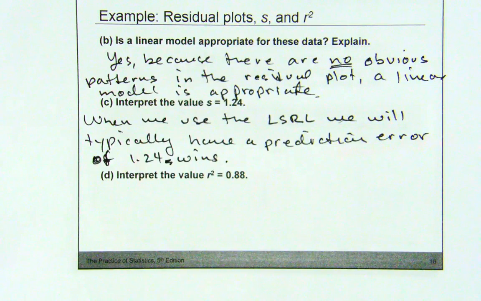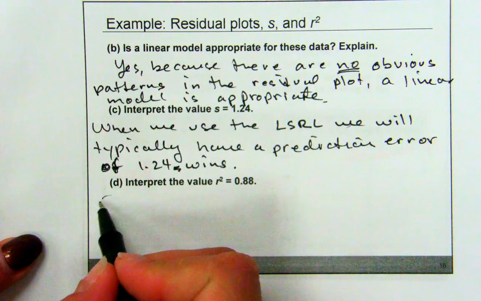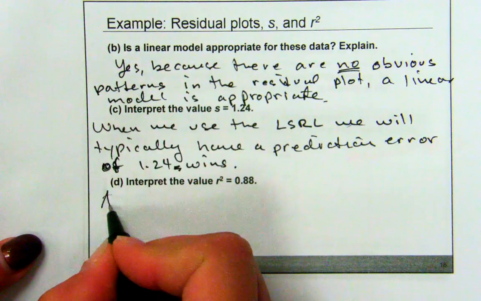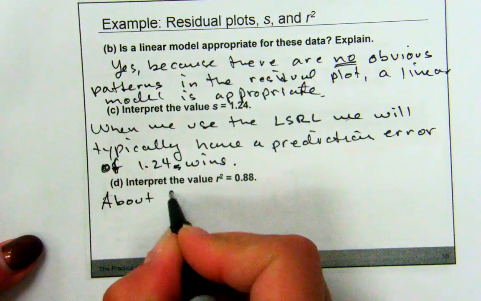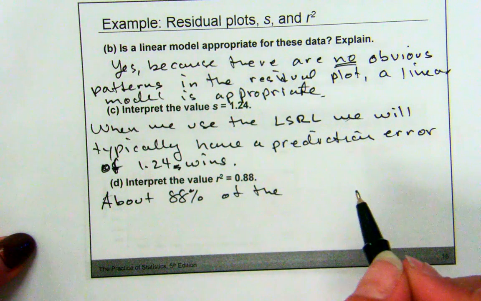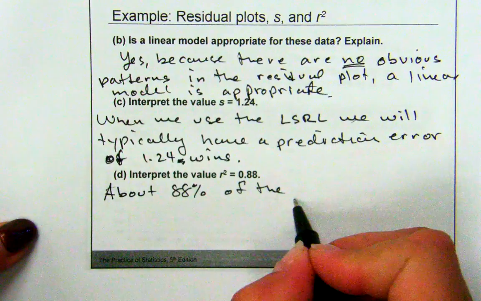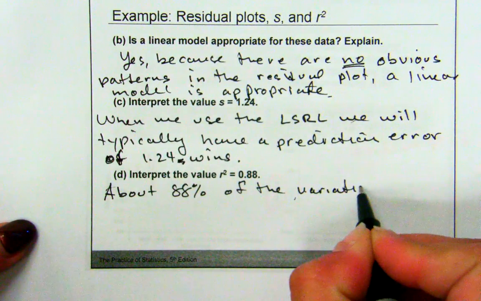Like every single time. Okay. Now, let's see how we're going to do this. 88, because this is about 88%. Okay. So interpret the value of R squared. About 88% of the variation. I think that's a good word.